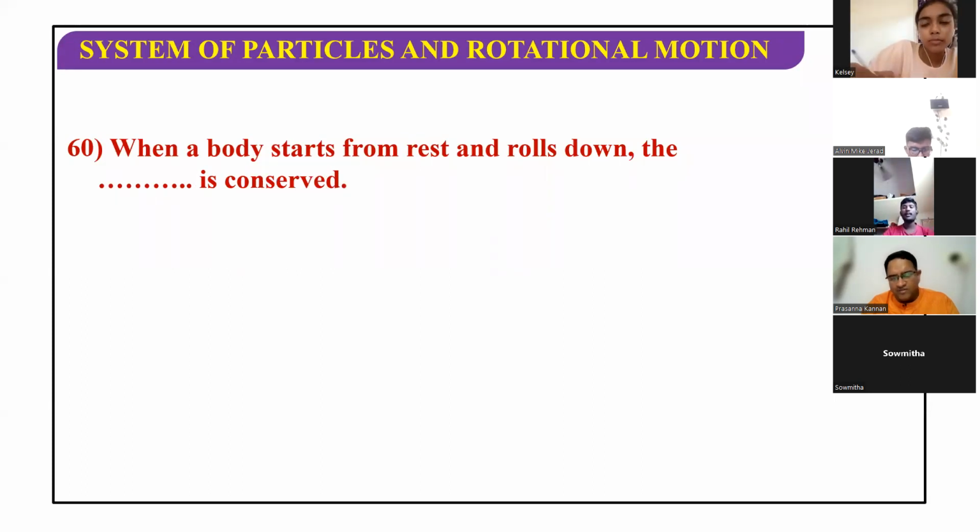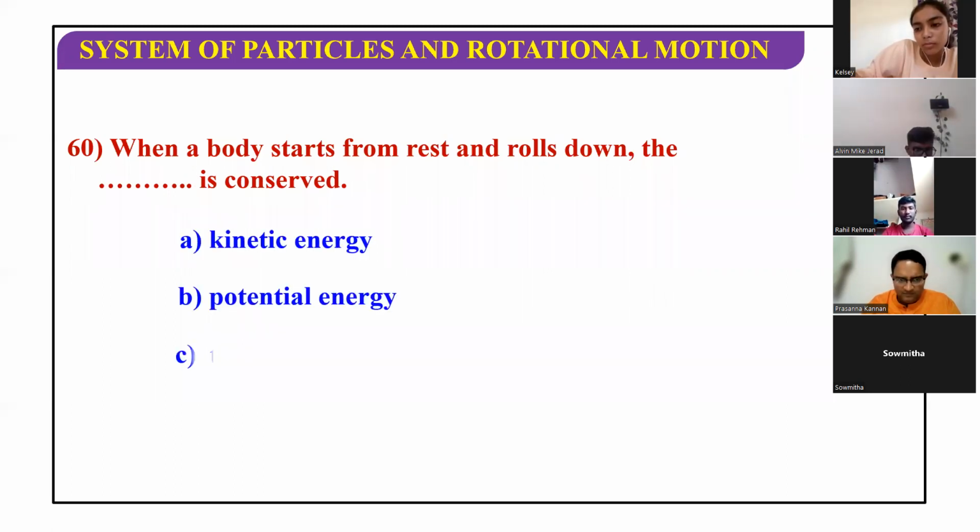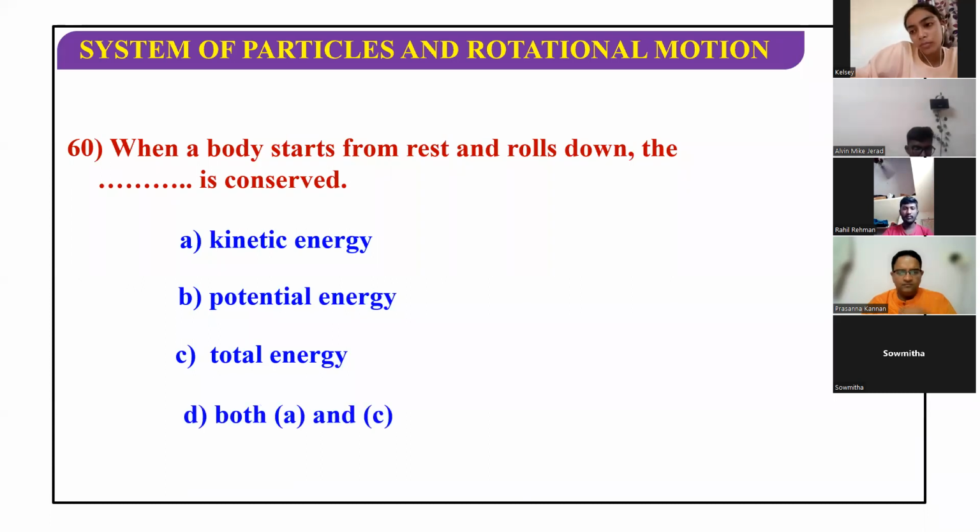When a body starts from rest and rolls down, which of the following is conserved? This is also straightforward. It's the total energy, total mechanical energy, right?